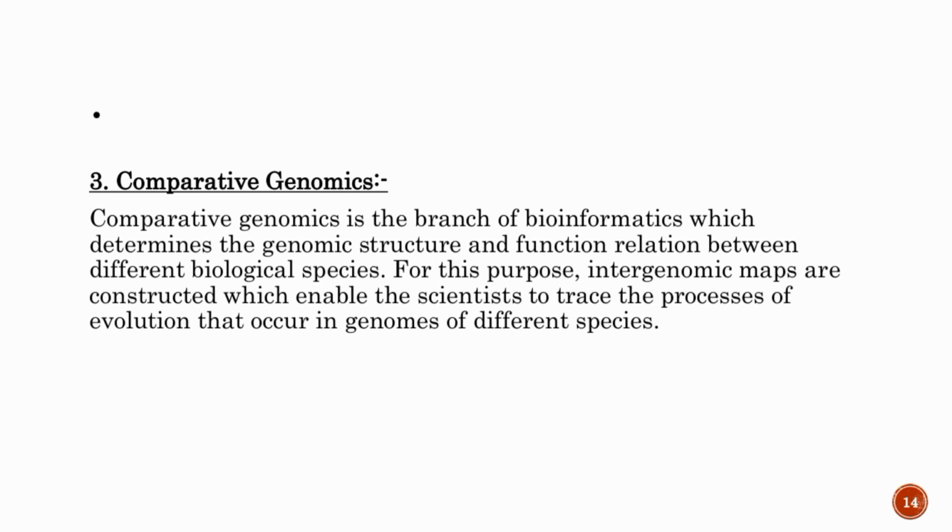For this purpose, intergenomic maps are constructed. Inter is basically the relationship of genome structure. So, we build intergenomic maps which enable scientists to trace the process of evolution that occurs in the genomes of different species.